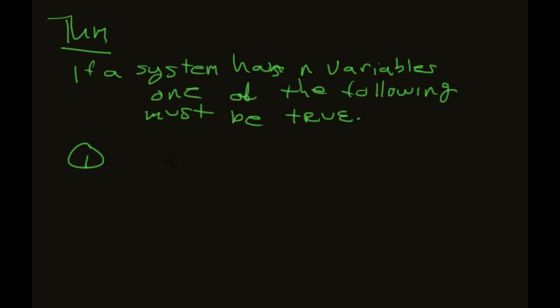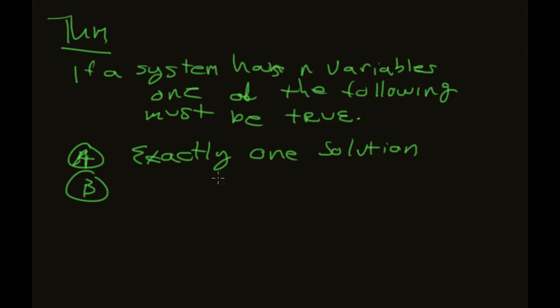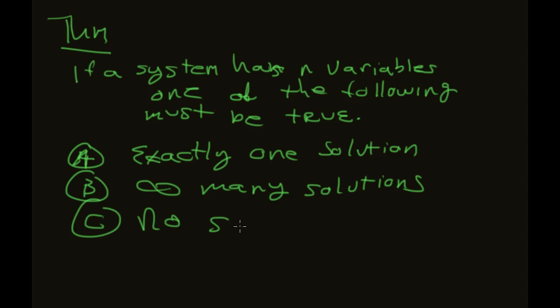Either A, the system has exactly one solution, B, it has infinitely many solutions, or C, it has no solution.